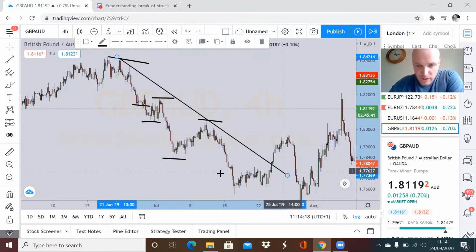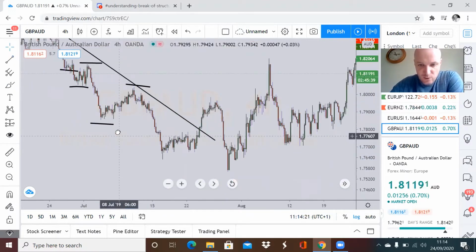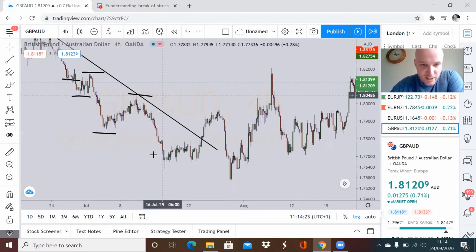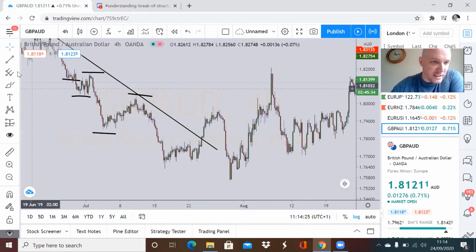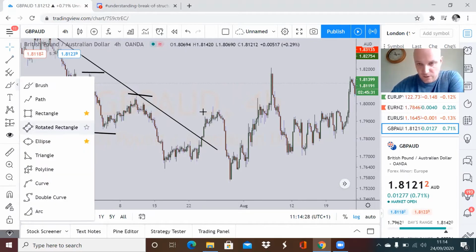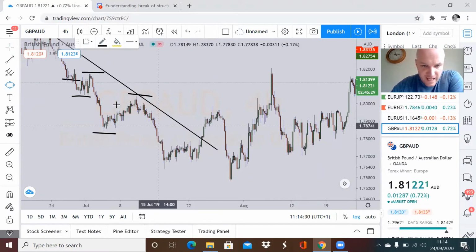Now, what we need, okay, guys, what we need is a breaker structure. So a breaker structure, I think I didn't mention this quite clearly in the last video, is this area here, the last high, which will be this one here.